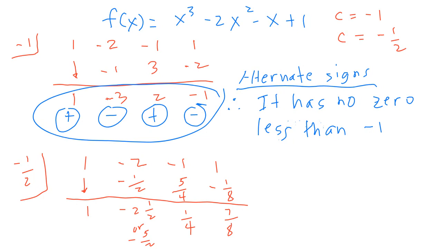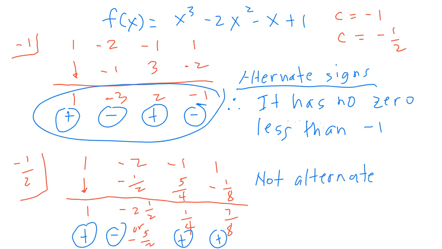Now let's look at the signs. We have a plus here, a negative here, a plus here, and then a plus here. So it's not alternating in signs, because that's plus, minus, plus, plus.